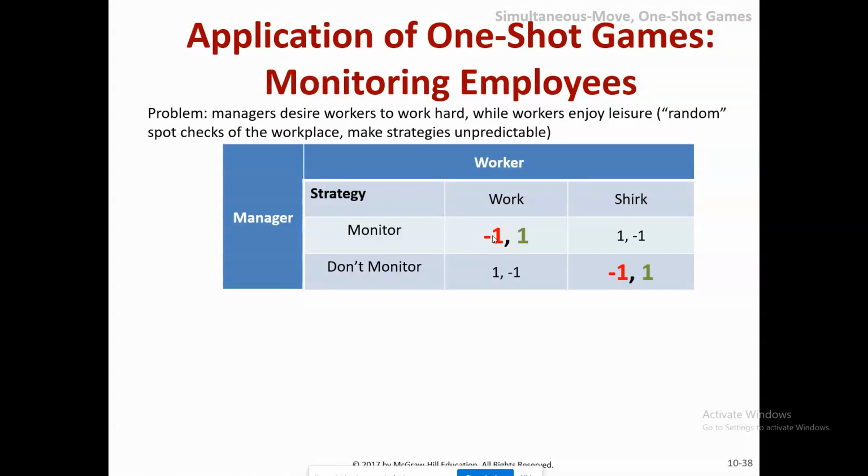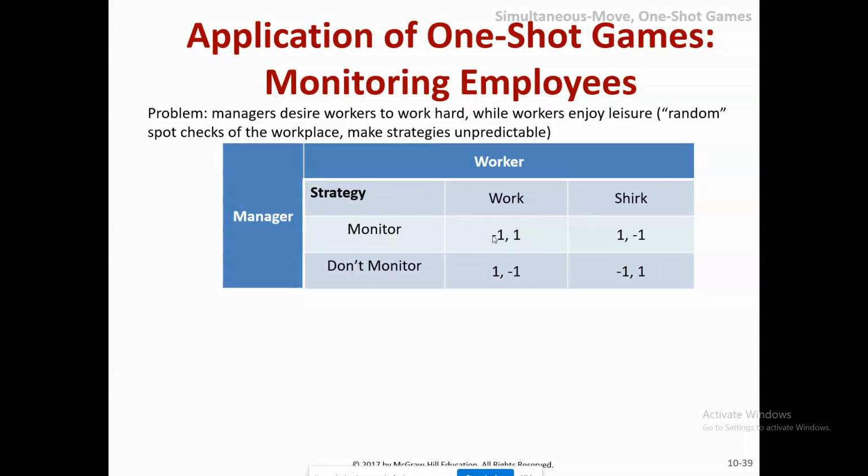The payoffs are the same if the manager does not monitor and the worker shirks. The worker wins because he gets away with shirking, and the manager lost because the worker is shirking and he didn't know about it.